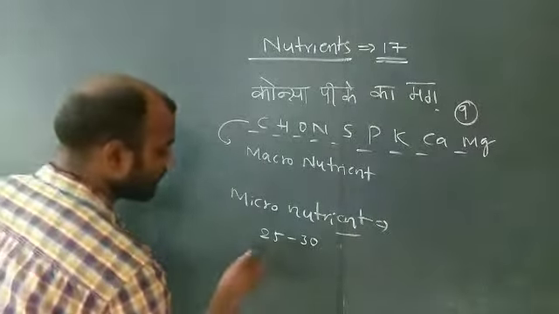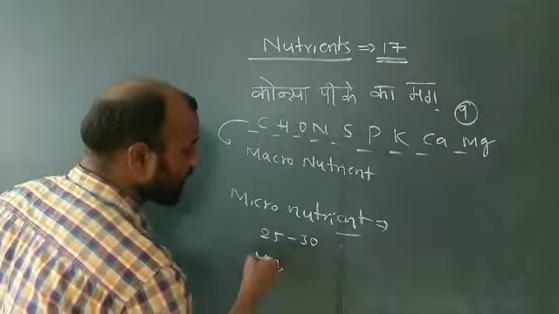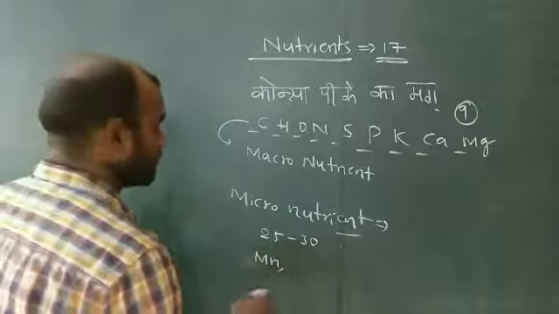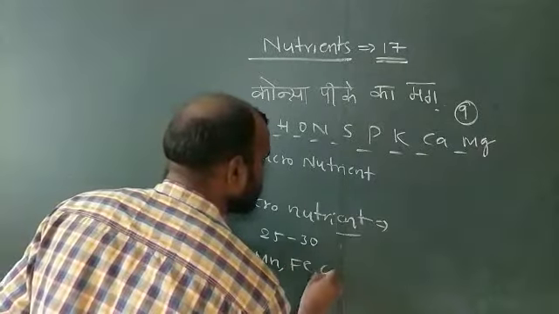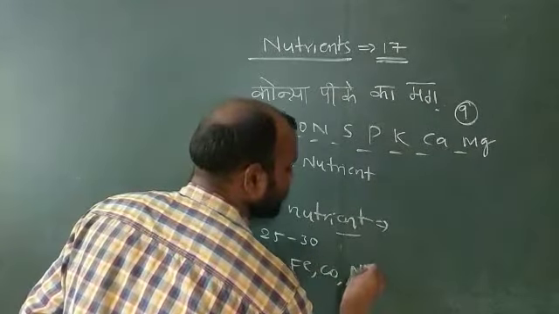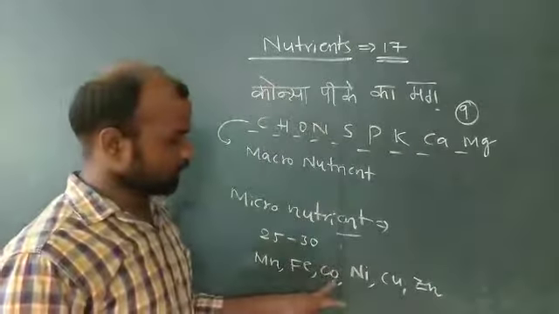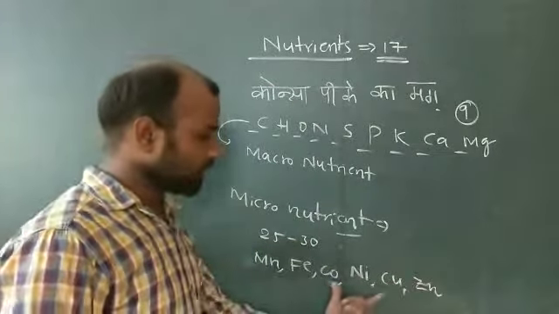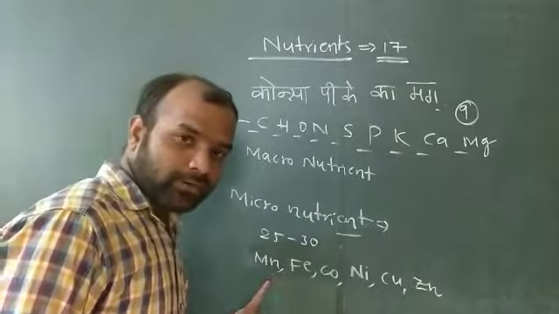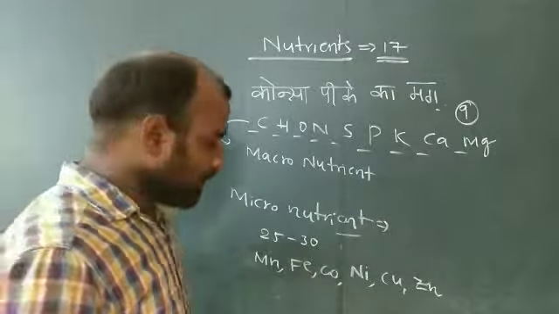The 25th element is manganese. Manganese, ferrous, copper, nickel, copper, zinc: 25, 26, 27, 28, 29, 30. So these are the elements from 25 to 30, right?